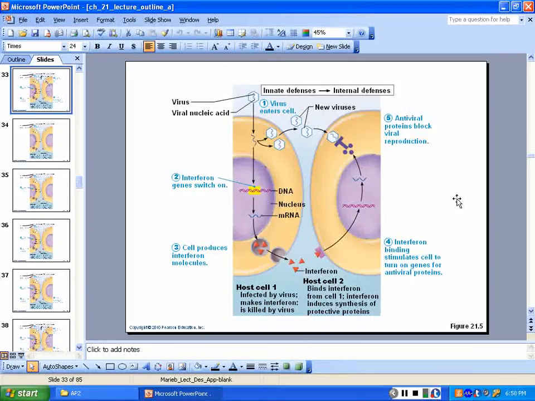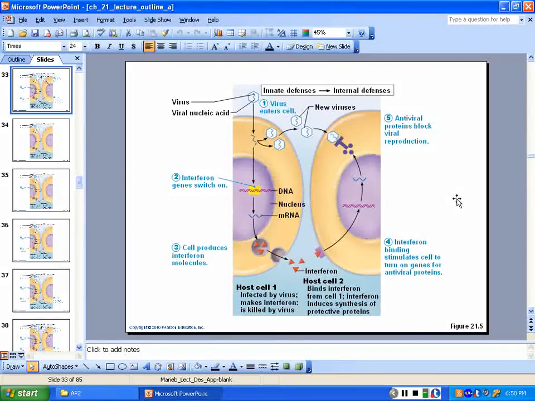One of the main things that you want to understand about interferon is that it is protecting your uninfected cells from a virus.